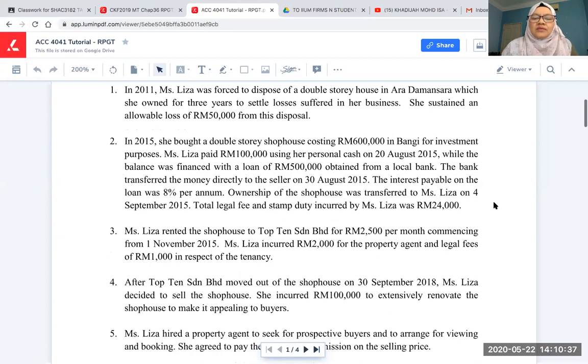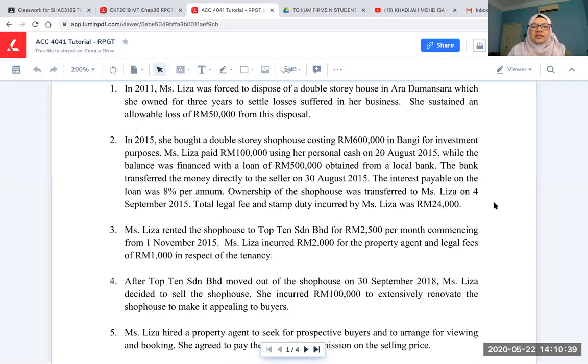Total legal fees and stamp duty incurred by Ms. Liza was 24,000. So in the second note here, what you have to take into account is that there's a purchase of another property. Then you have to determine what is the acquisition price, and also what is the acquisition date of the shop house. She paid 100,000 using her personal cash on 20th August, and the balance was paid by the bank, which transferred the money directly to the seller on 30th August.